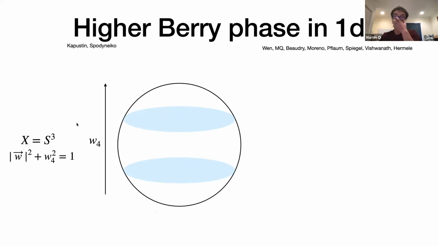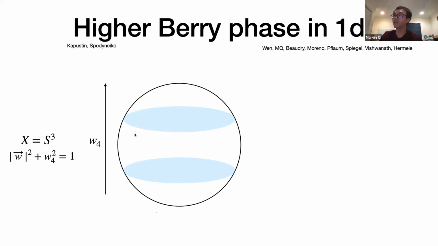This lattice model is a family over S3. We parameterize S3 with a 3-vector W, just as before, and then a fourth scalar W4, and these 4 numbers are constrained so that their squares sum to 1. So that's how we know we're living on S3.